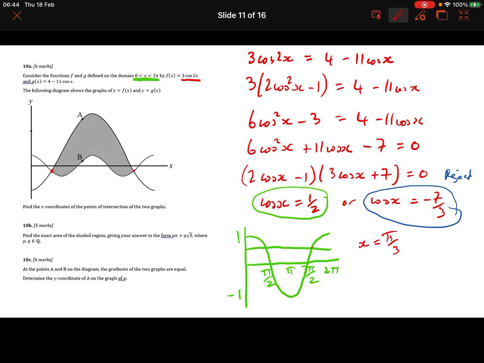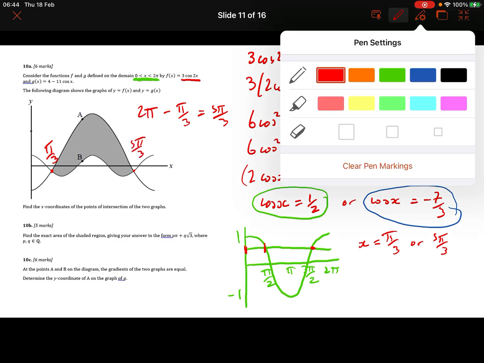And then the other one is here, which is going to be 2 pi minus the same distance, because the graph has symmetry. So it's going to be 2 pi minus pi over 3, which is equal to 5 pi over 3. So there are your two solutions. So we've got pi over 3 and 5 pi over 3.